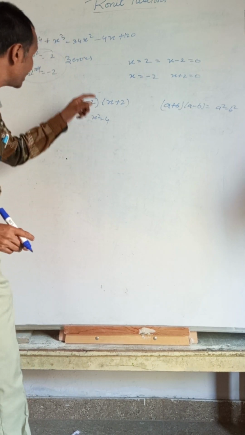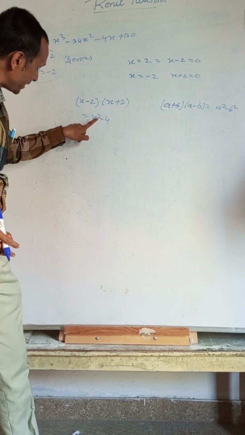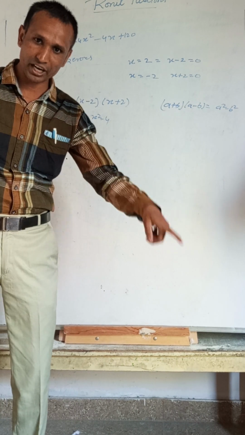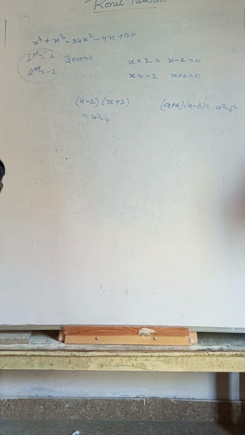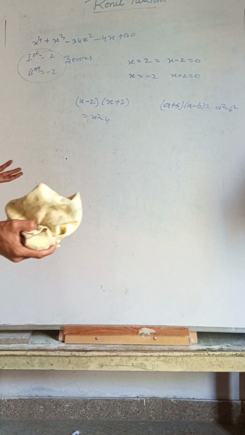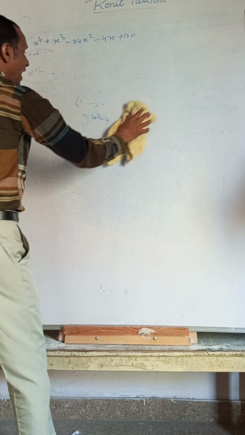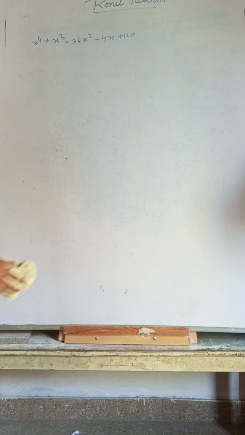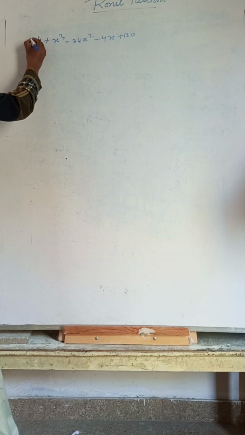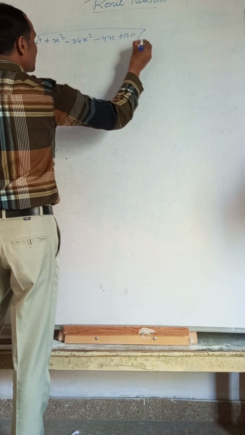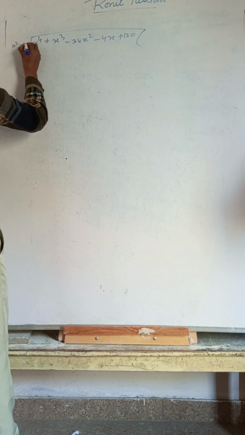If we divide this polynomial by x square minus 4, the remainder will be 0, and the divisor and the quotient will be the factors of the given polynomial. So we are dividing this polynomial by x square minus 4.